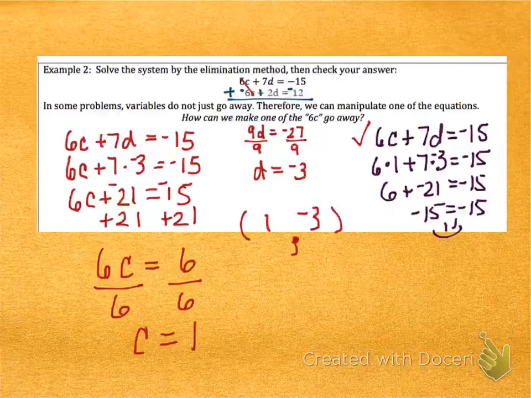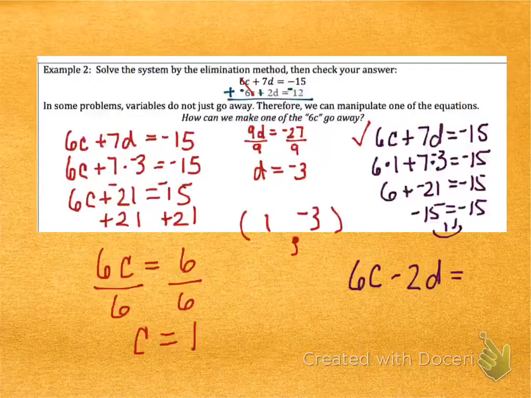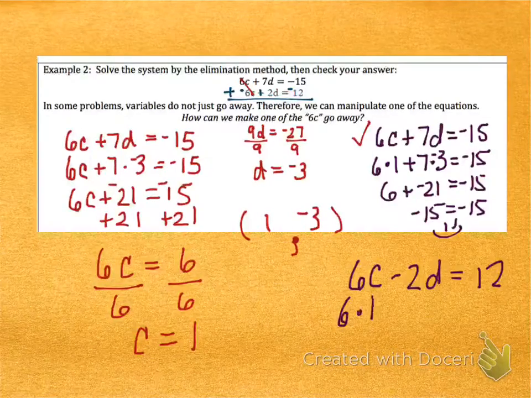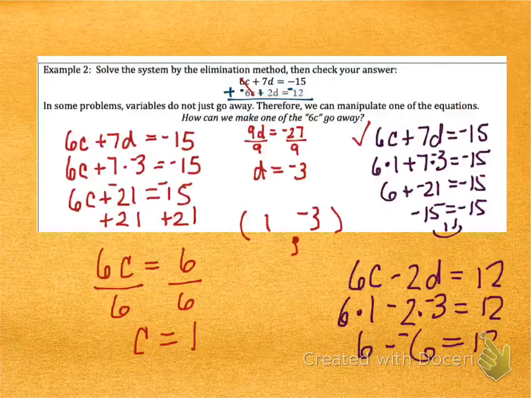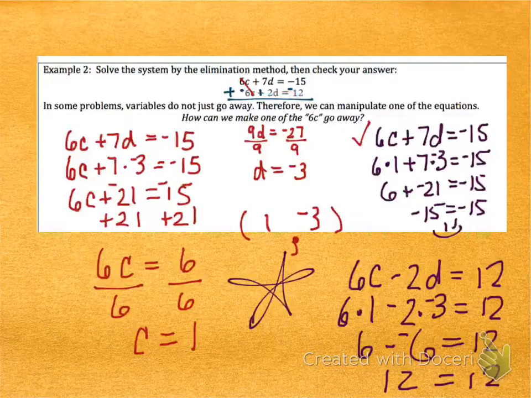And then I try it in the second equation, because when we're solving a system, we need to make sure that it works in both. And you can see that it does, and so our solution is correct.